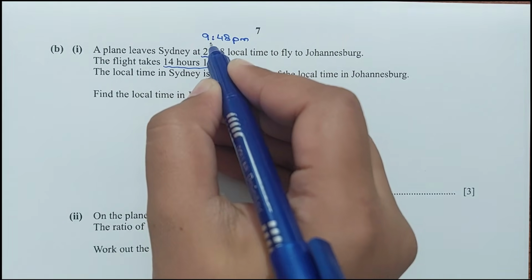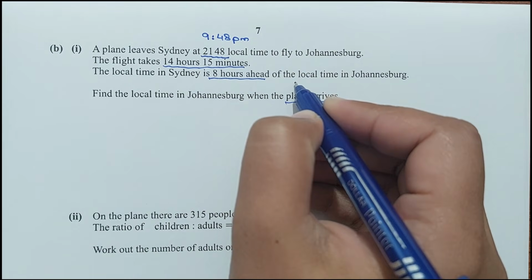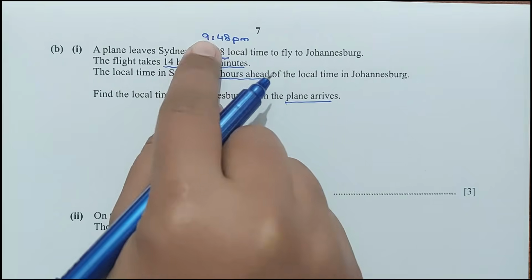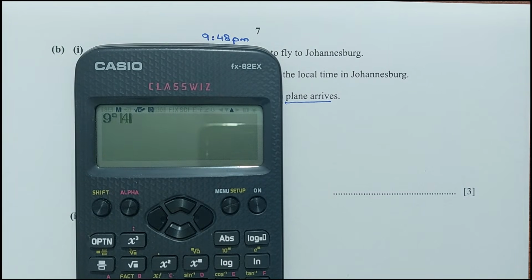So the time in Sydney is 9:48 p.m. and the time in Johannesburg is 8 hours behind this time. So in 9:48, we have to subtract 8 hours.